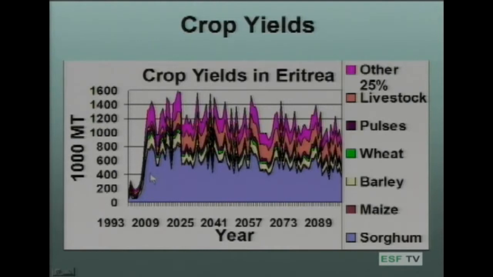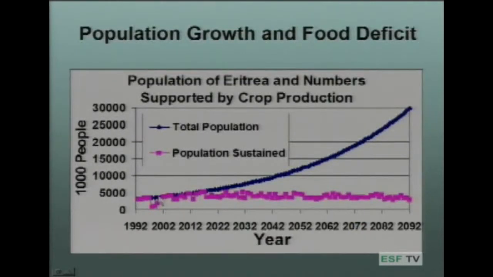Now the next slide I'm going to show you is probably the most important slide. What I do is I take this graph right here, the amount of food, and I turn that into the amount of people that this food could feed. That's the next graph, and that's the pink line we see here. The pink line is how many people you could feed with the food on the last graph.